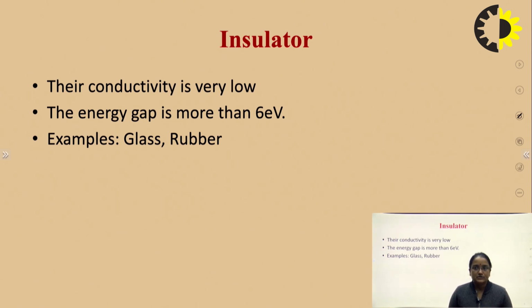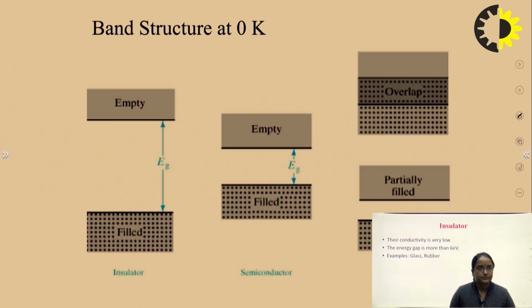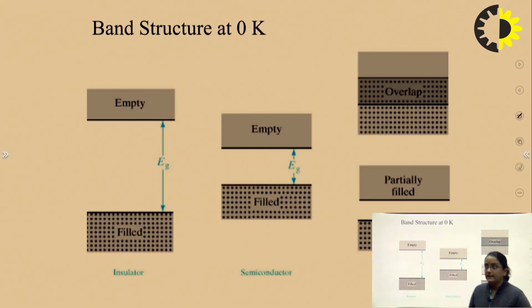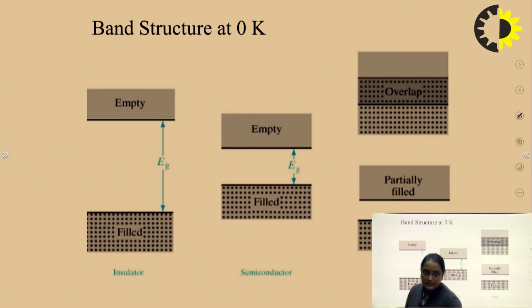So, based on electrical conductivity, we are classifying our devices as conductors, semiconductors and finally insulators. This is the band structure for insulators, semiconductors and metals, and what we are observing in this is that the energy band gap in the case of conductors, that is metals, is almost zero.